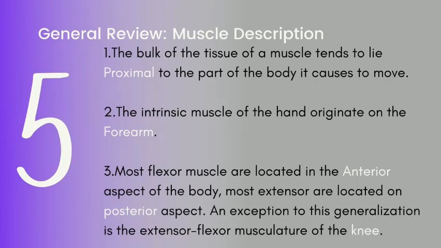Number 6, most flexor muscle are located in the anterior aspect of the body. Most extensor are located in the posterior aspect. An exception to this generalization is the extensor flexor musculature of the knee. So the answer is anterior, posterior, and knee.